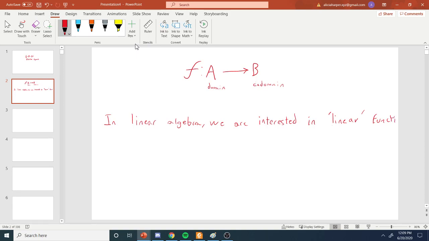Now, here's the thing about linear functions: when we actually do get around to formally defining them, they depend on A and B here having a little bit of extra structure. And what we want to make clear at this point is what this extra structure is.